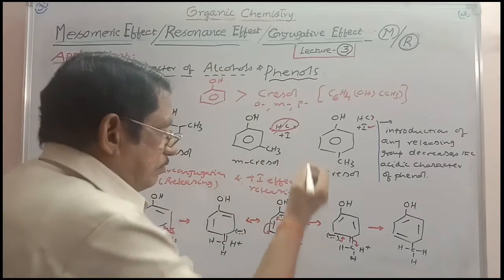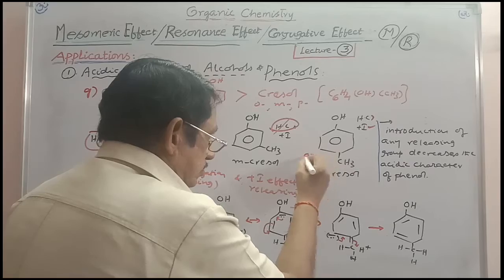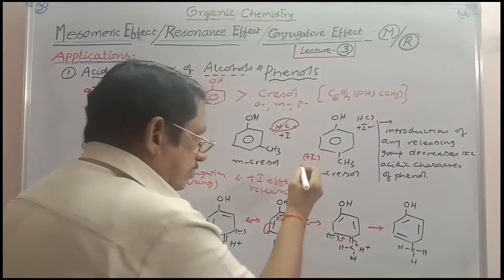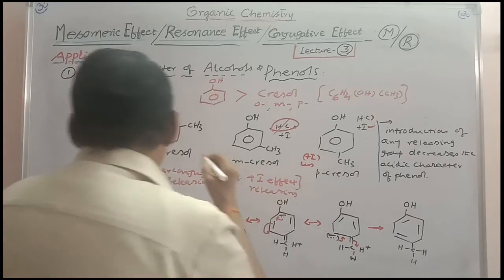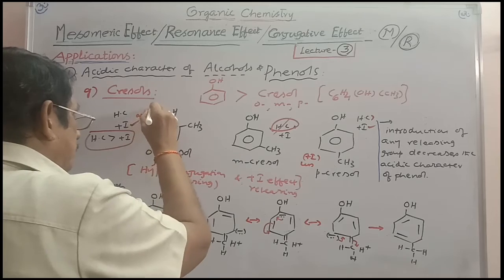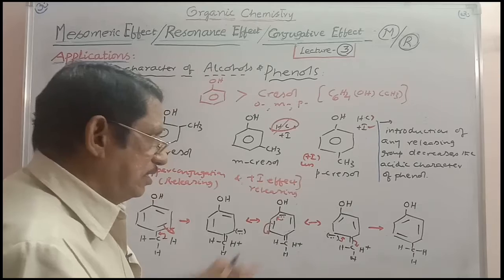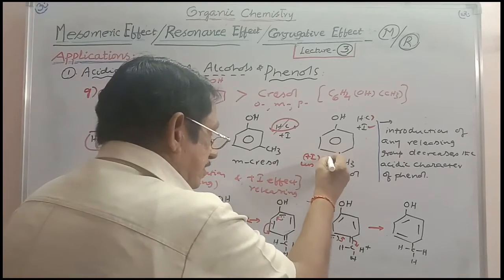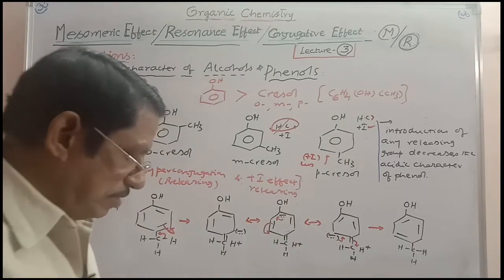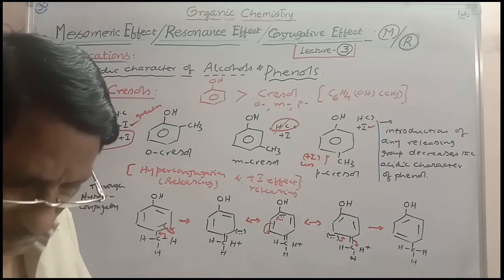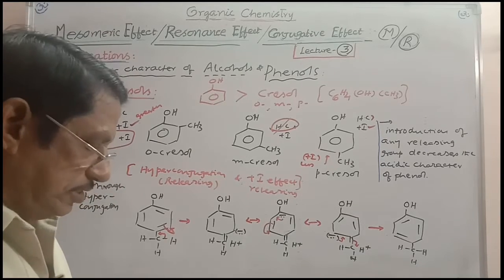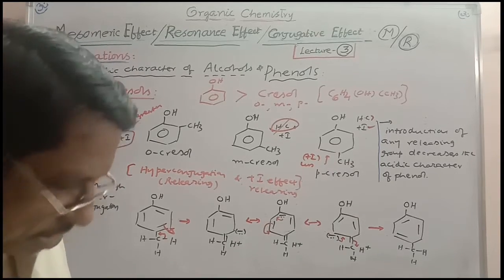It is also having plus inductive effect, but distance is large. Inductive effect is less here. Here, inductive effect is greater. Inductive effect is greater means acidity is decreased. Inductive less means acidic character is increased. And that is why paracresol is more acidic than orthocresol.